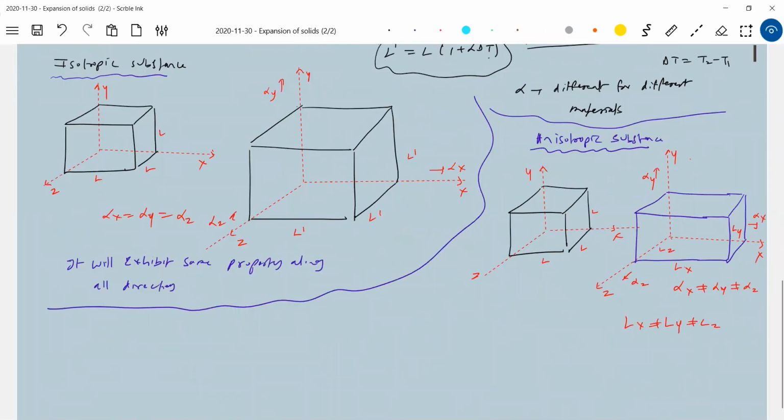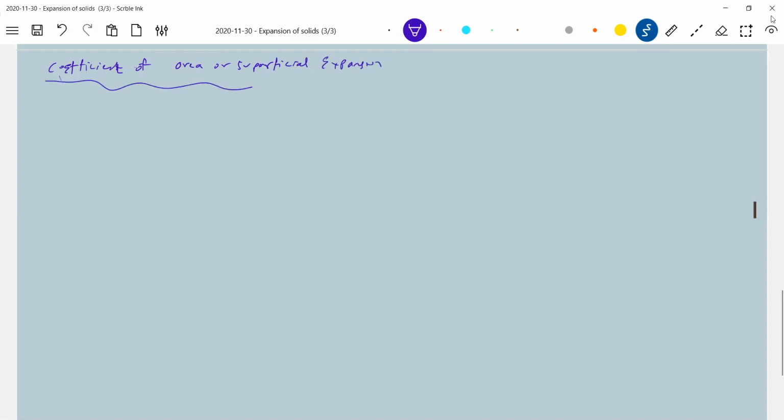Next, we'll define the coefficient of area or superficial expansion.